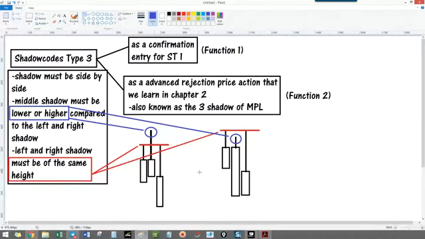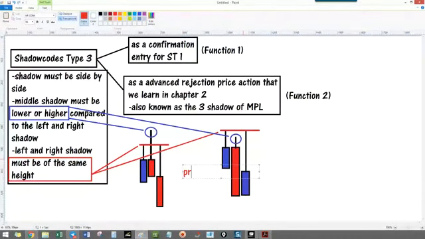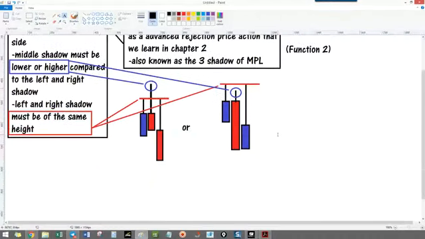And it must be side by side. Must be side by side.